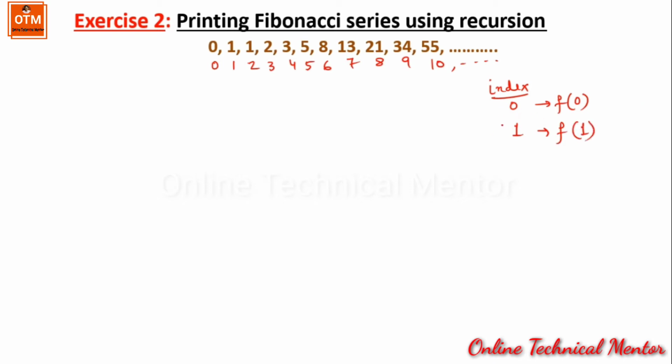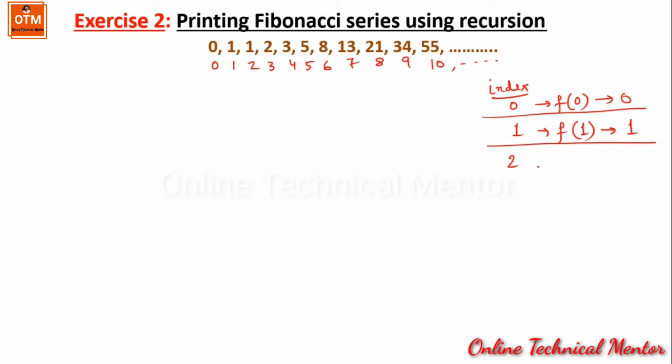So for the first two function calls, the function returns the same value as its argument. In the first case, f of 0, 0 is the argument, so it will return 0. In the second case, f of 1, 1 is the argument, so it will return 1. And for the rest of the indices, look what happens.